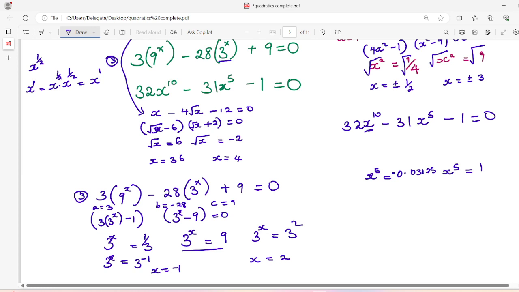So if you have a better calculator, it really makes life easy. So it is better you have a good calculator, which makes life easy.